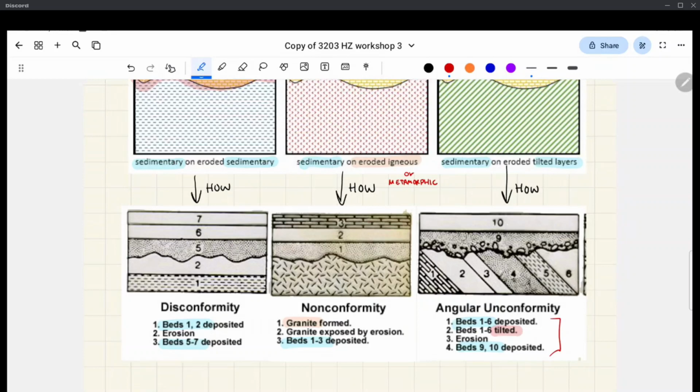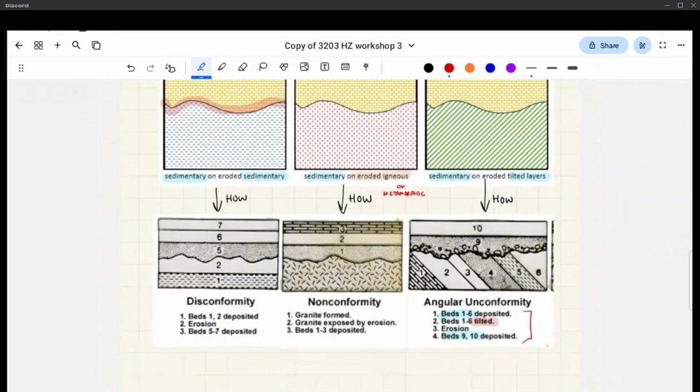And then for angular unconformities, there's just an extra step where beds 1 to 6 become tilted. There's a few reasons why this could happen. For example, the domes and basins, it could be due to magma uplift or something that causes the tilting of the layers.